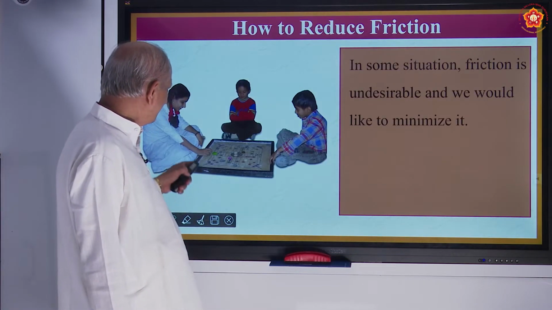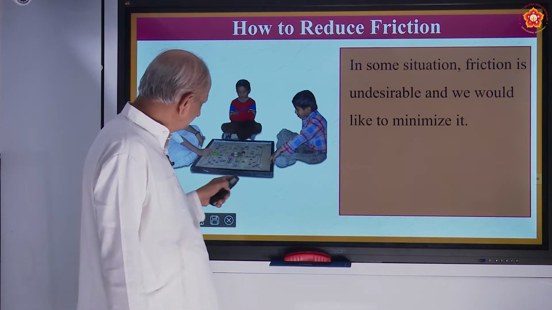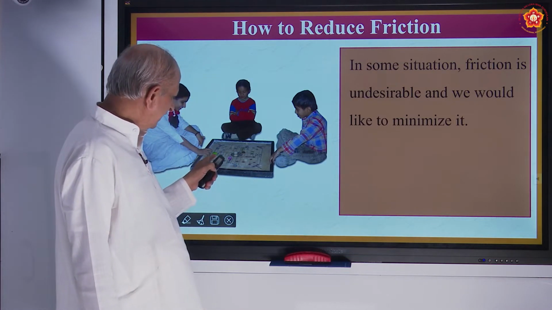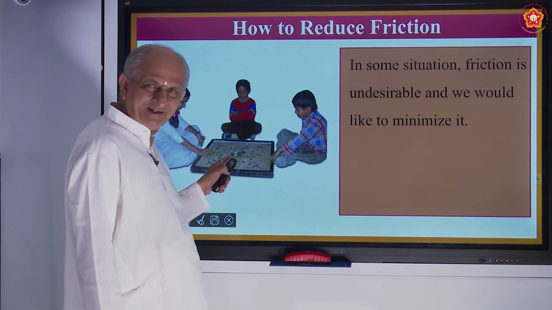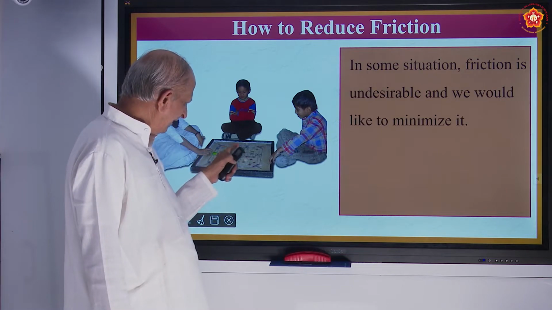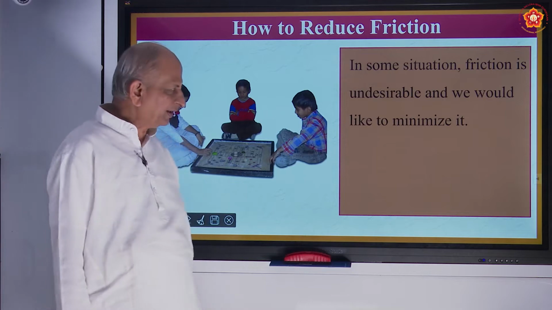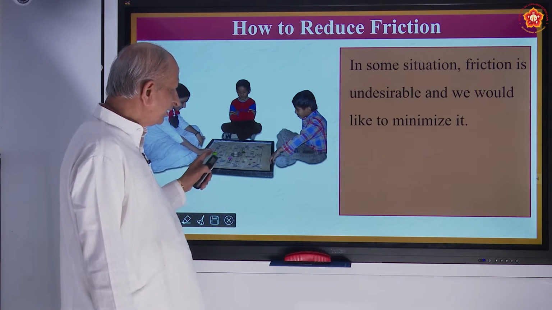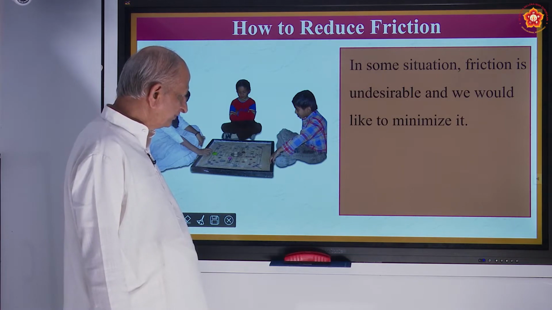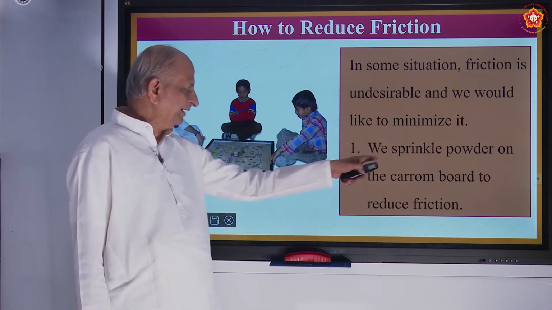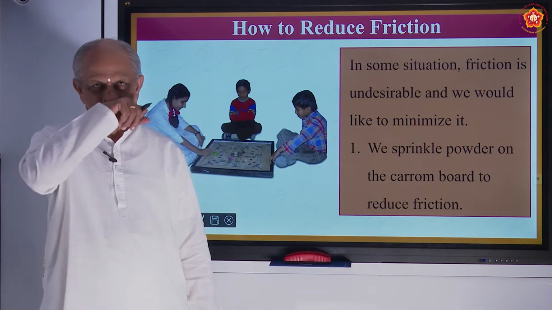See, what are these kids doing? They are playing carrom. In carrom you have a striker, a red colored queen, and black pawns and white pawns. So for the game to be easy, or to be successful, we have to sprinkle powder, a special type of powder, not face powder.